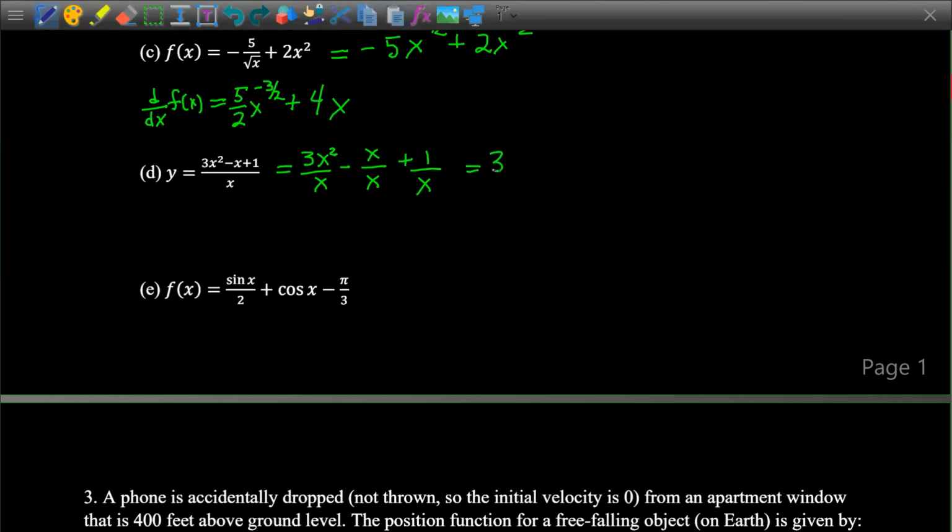So 3x squared over x is just 3x. x over x then is 1. And then we have 1 over x, which is x to the minus 1 power. So the derivative of y then is going to be the derivative of 3x is 3. The derivative of minus 1 is 0. And the derivative of x to the minus 1 is going to be minus x to the minus 2 power.